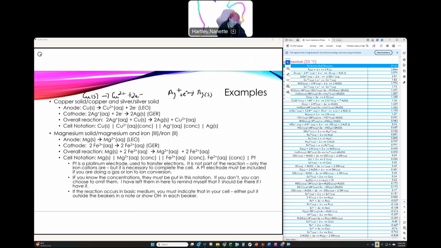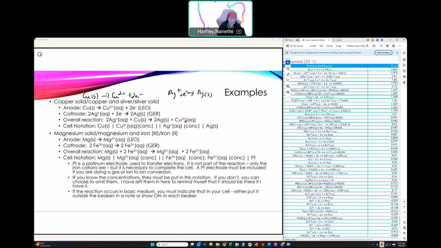So I have my Cu solid going to Cu2+ plus 2 electrons: lose electrons, oxidized. At the cathode, I have Ag+ plus an electron going to Ag solid. I multiply this by 2 to get 2 electrons so that they're both the same. If I do that, now I have both the number of electrons being 2, then I can add them directly together to get 2Ag+ plus Cu going to 2Ag plus Cu2+.